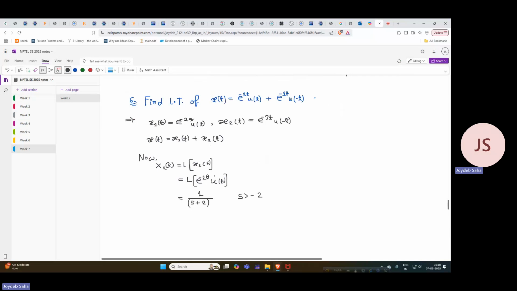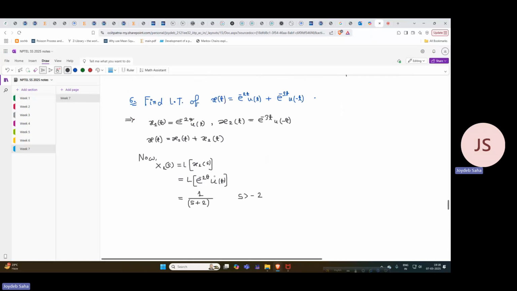What we have done till now, we have broken the x(t) into two parts, x1(t) and x2(t). x1(t) is e to the power minus 2t u(t). x2(t) is e to the power minus 3t u of minus t. So x(t) is equal to x1(t) plus x2(t).